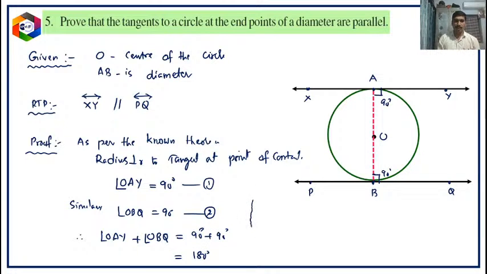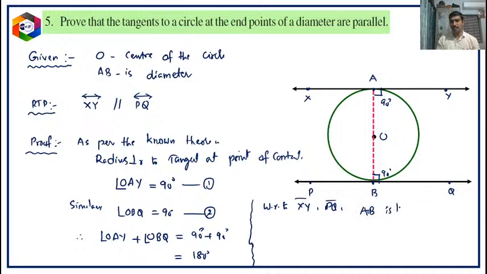So these two angles, if you observe, diameter is only one line, and this diameter is touching the given two lines at two distinct points. Now with respect to XY, PQ, AB is the transversal.